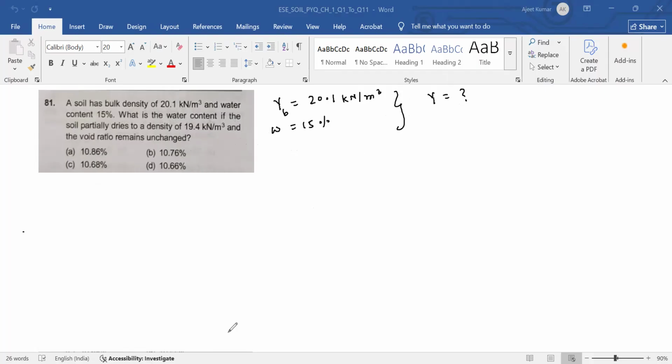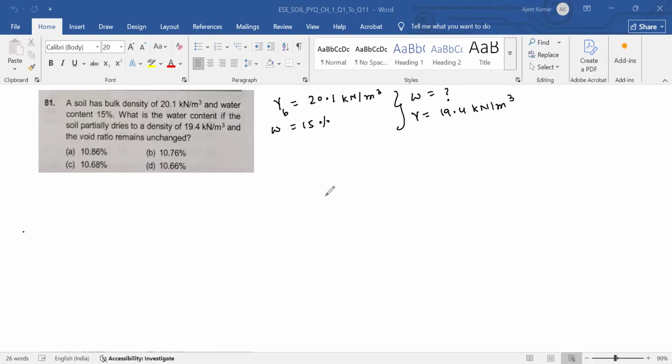Okay, we have to calculate water content w for gamma to be 19.4 kilonewton per meter cube.